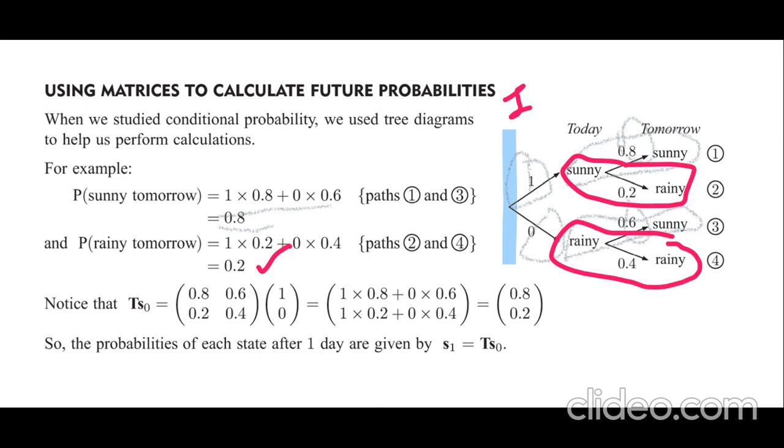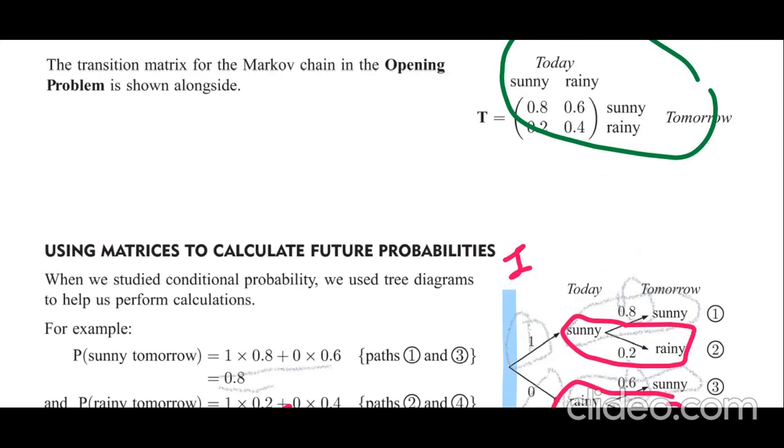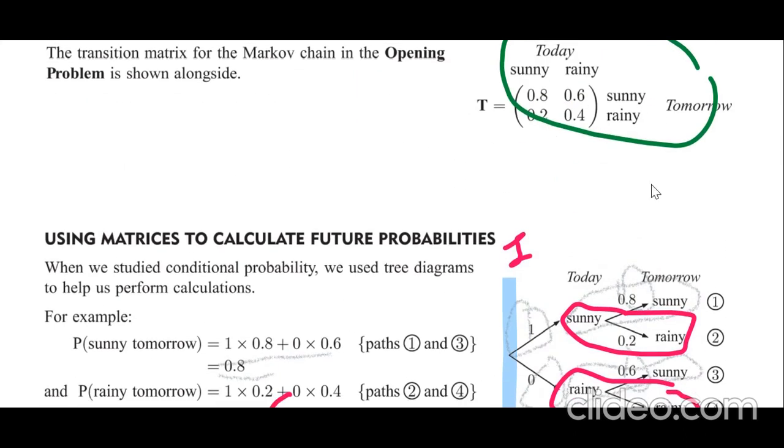Here we can see that this was the matrix which was given to us over here. I'll just show you guys once. So this is the matrix that we were talking about. This is the transition matrix that we had.